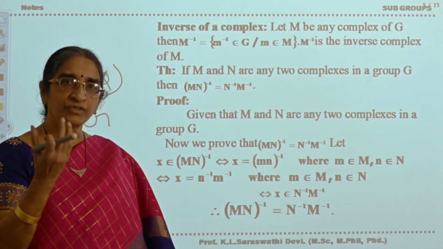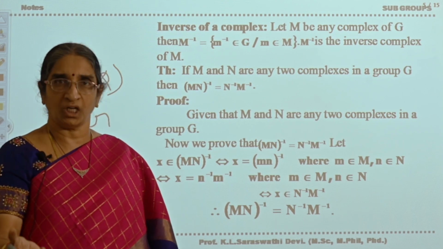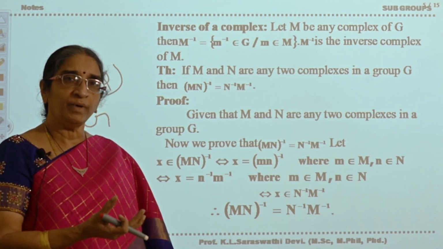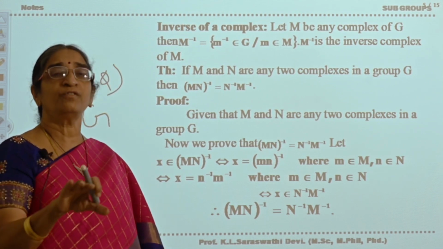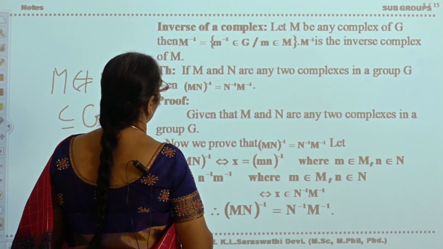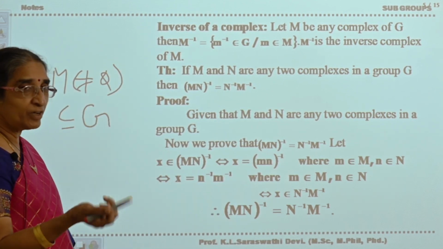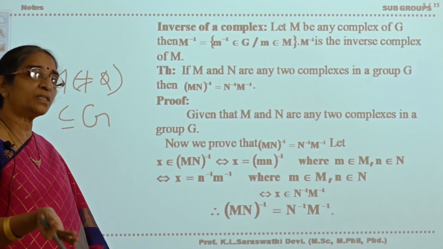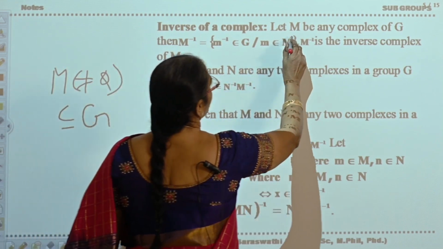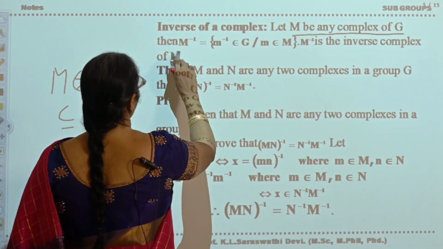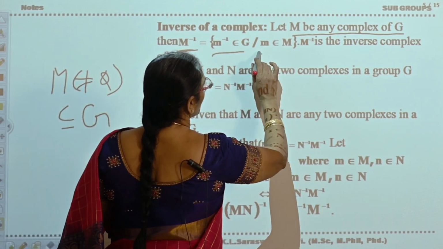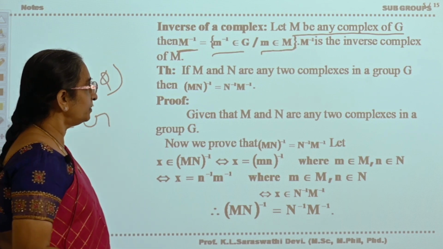Every element of G should possess an inverse in G. So, if you take the elements of M, those elements will have their inverses in G. Now, you will write like this: let M be any complex of G, then M inverse is equal to the set of m inverse, where m belongs to M. Is it clear?